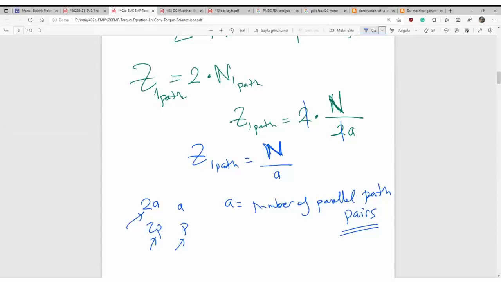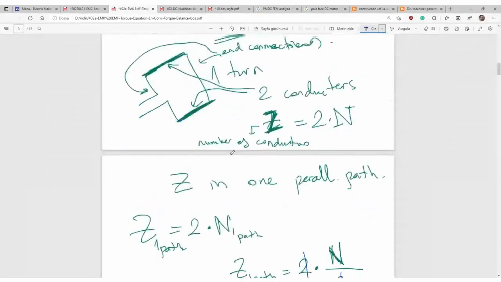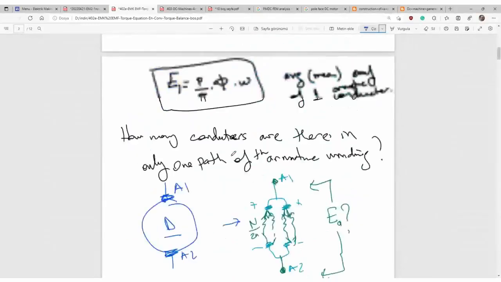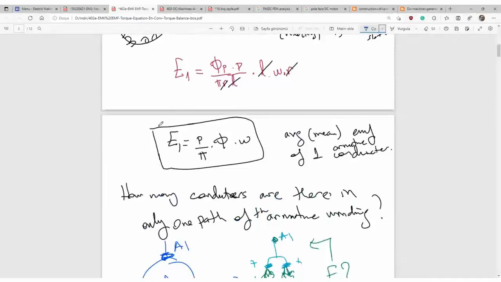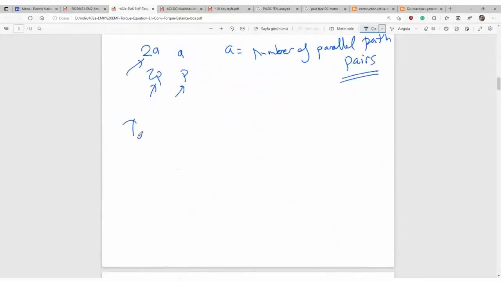Okay, how can we summarize the total EMF? Let's write total EMF. E is equal to Z one path times E1.